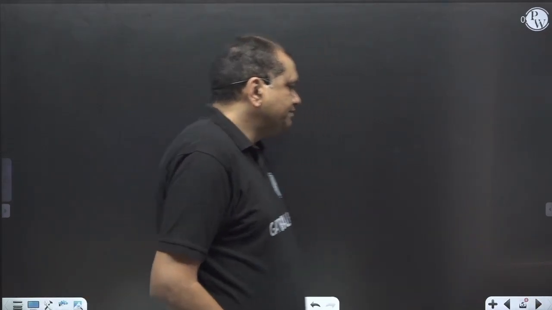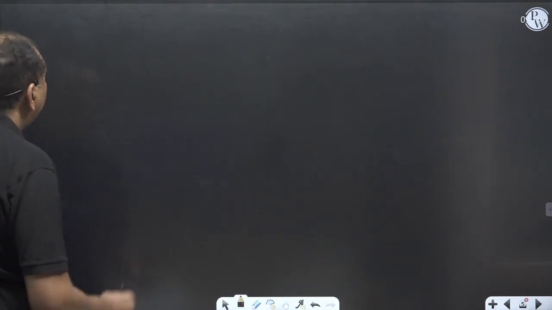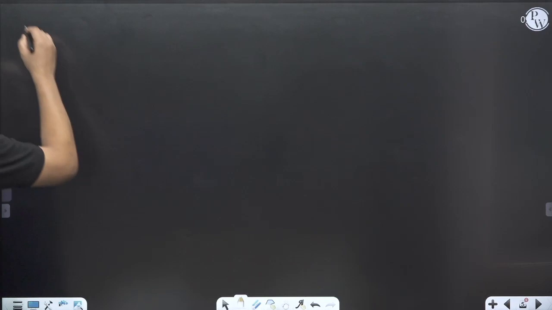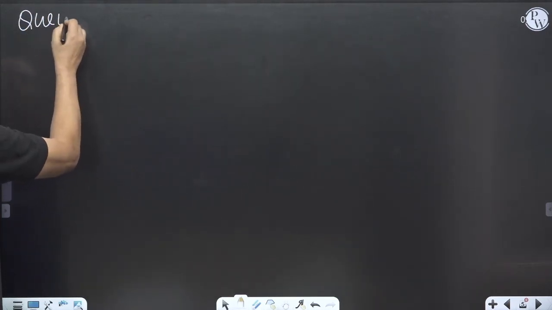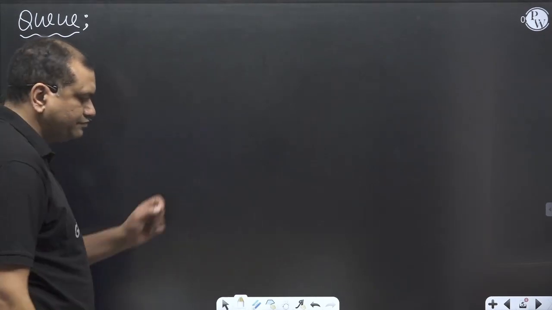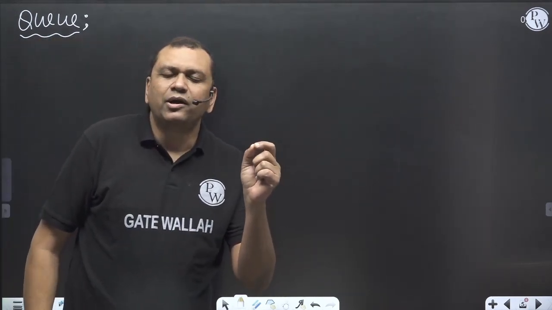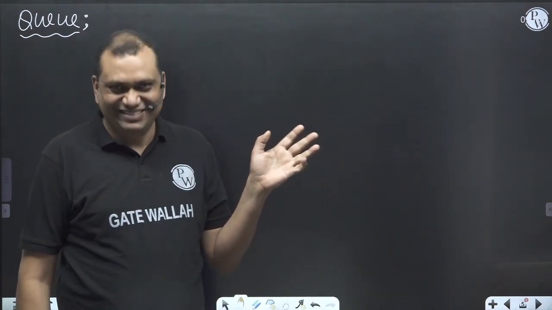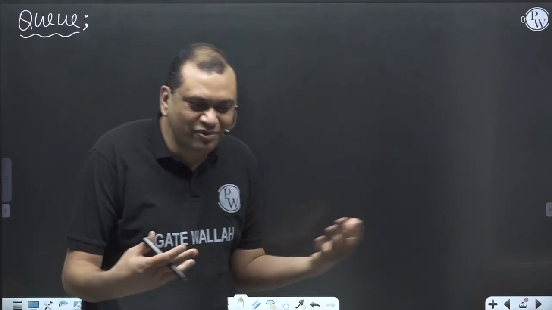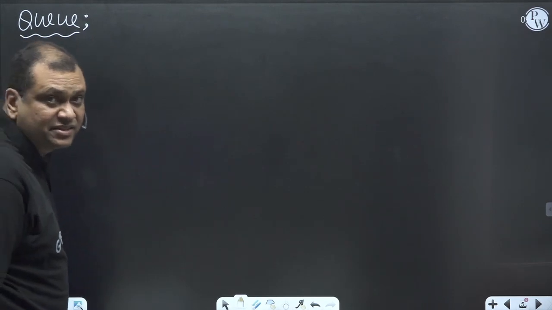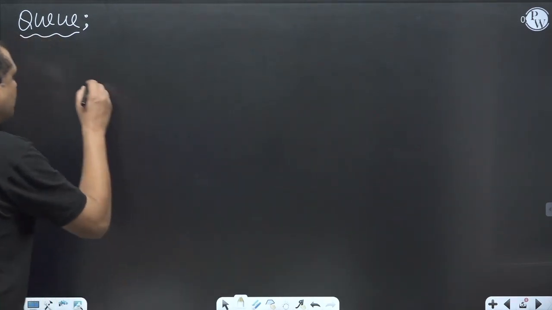So now, queuing. Please be attentive while going through the course of queuing. Let us understand some basics.